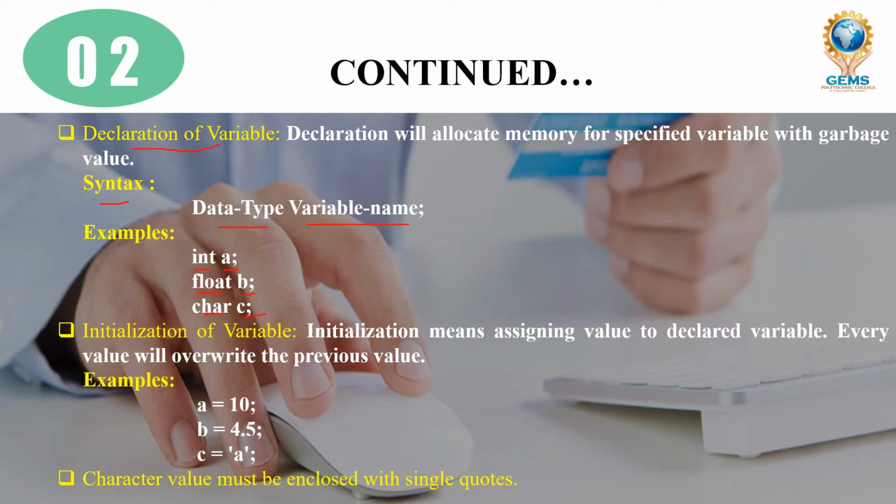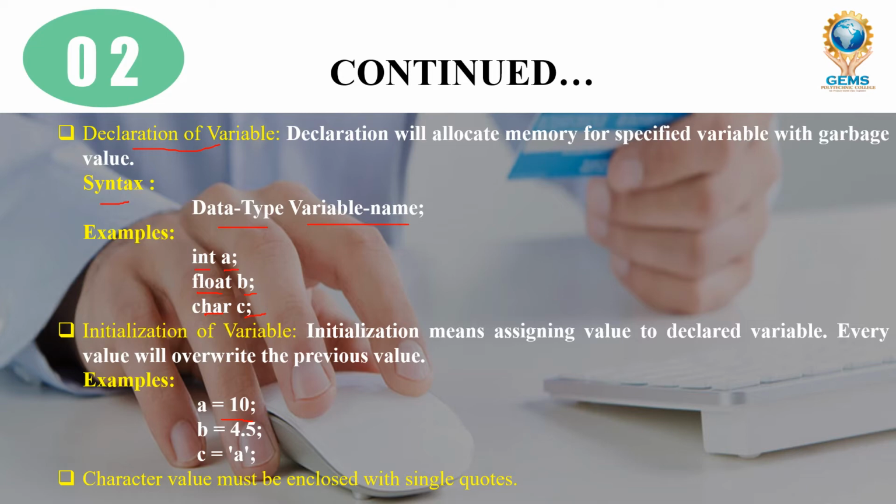Initialization of variable. Once we declare the variable in the declaration section, then we initialize the variable. Initialization of variable means we assign a value to the variable. For example, a equal to 10. a has the data type int, so a has the value 10.